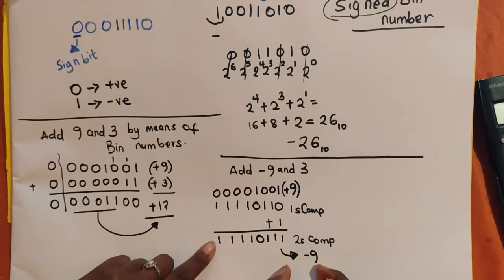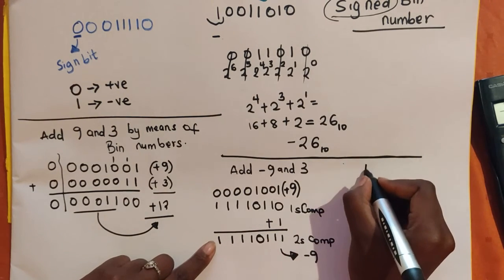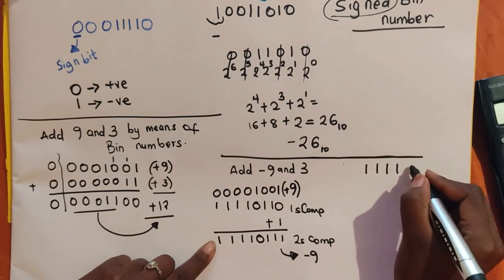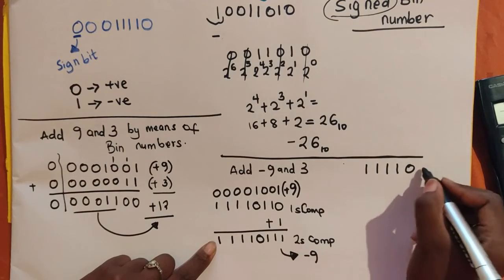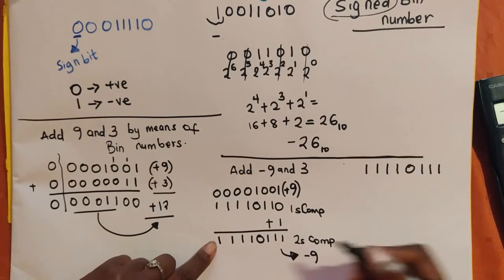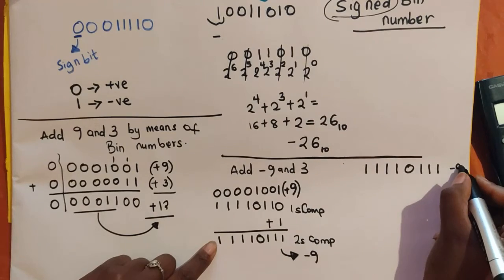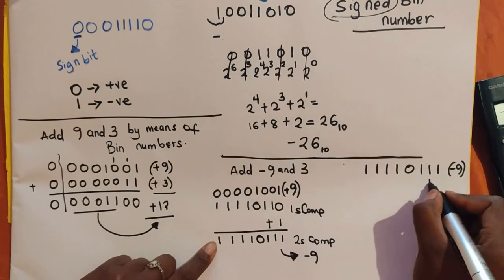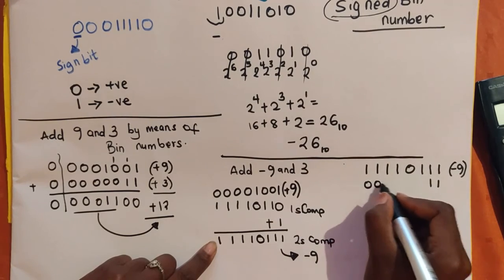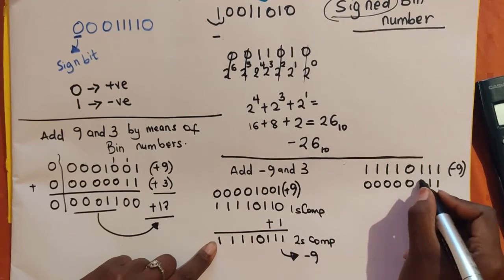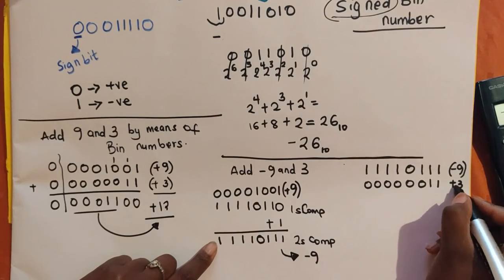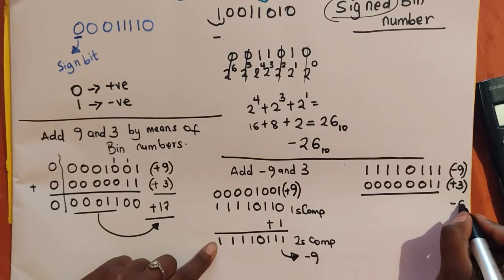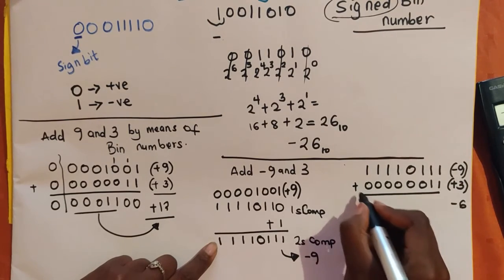Since this is already -9, we add 1 1 1 0 1 1 1 1. Add it to 3, which is 1 1. All these are zeros. The 3 is positive in this case. When you add these two numbers, this is -6.